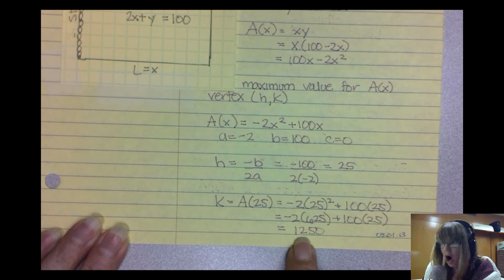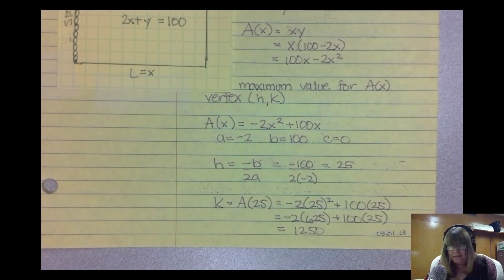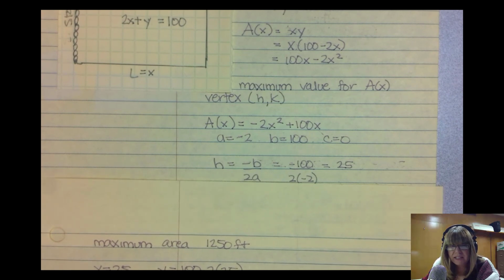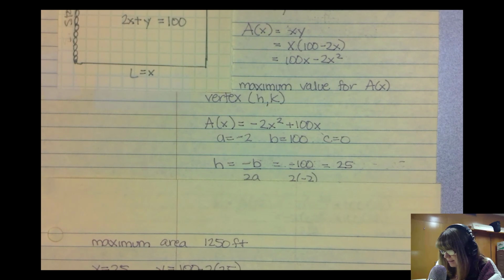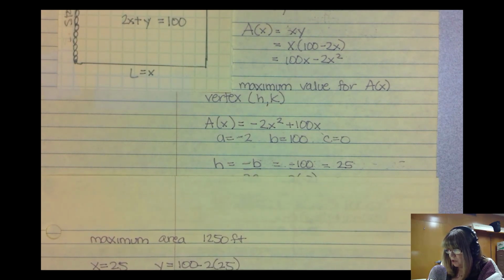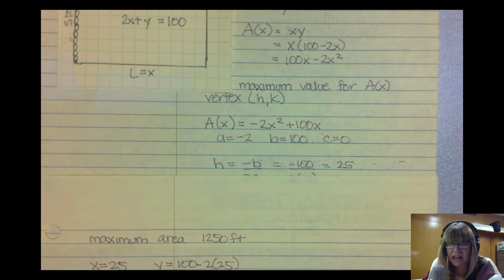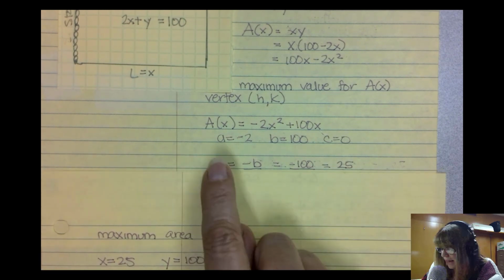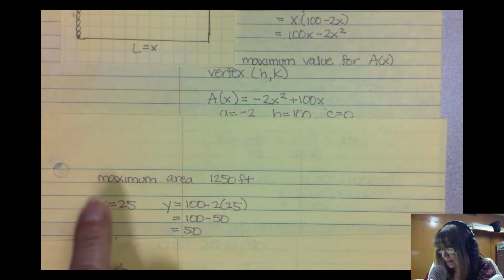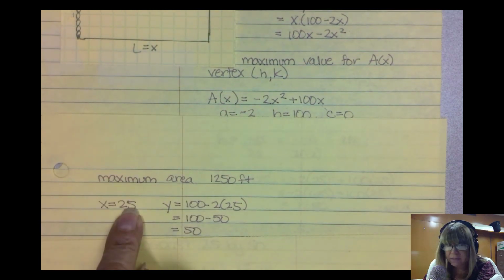And therefore, our maximum that we can have is 1,250 feet. That's our maximum value for A of x. Now, our dimensions, we still want to figure out. Throwing our 25, our h value, into our equation, we know that x equals 25.